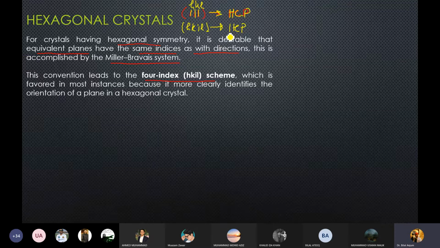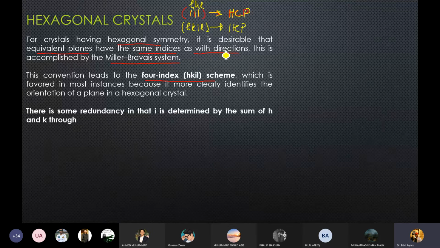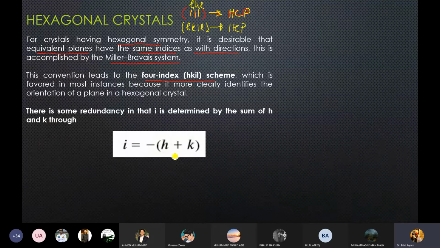The conversion is very easy. The only thing is that the new index I that is being introduced is essentially the negative sum of the first two indices, H plus K, with a negative sign.